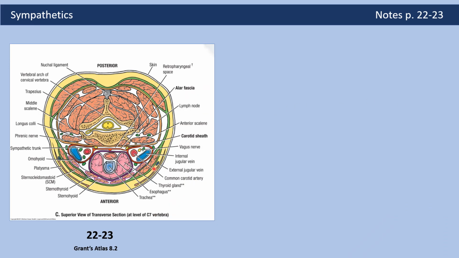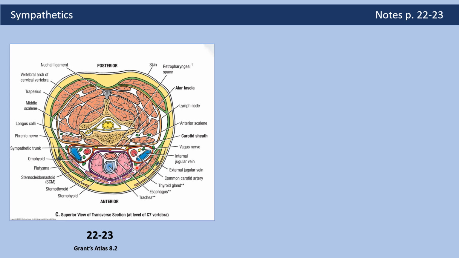So notice here the location of the sympathetic trunks in this retropharyngeal space, immediately anterior to the prevertebral fascia, as we've shown, and then posterior to the alar fascia and the buccopharyngeal fascia.